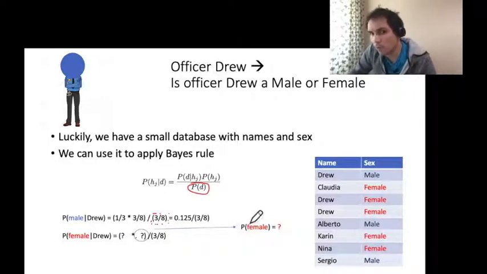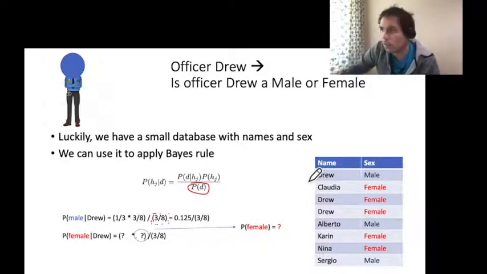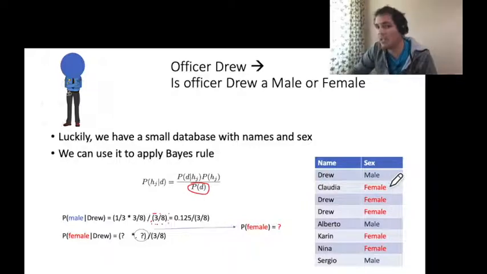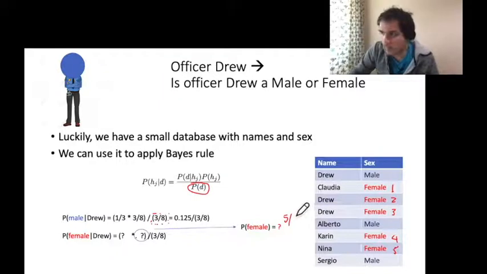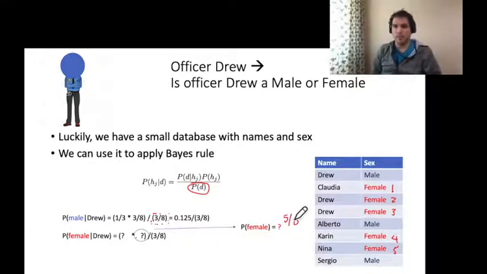To compute the probability of a female in the database, we look at how many females we have. We have 1, 2, 3, 4, and 5. So that's going to be 5 out of 8 candidates, 8 individuals. This is the probability of a female.